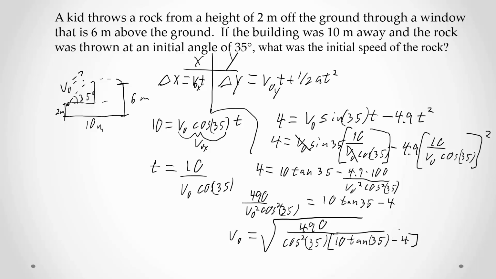So that whole thing is in our denominator. Plug that into your calculator. I'm doing this in degrees, so make sure your calculator is in degree mode if you're following along. And you get 15.6 if we round to one decimal place. Meters per second is how fast the rock was thrown to have struck the window at these distances.